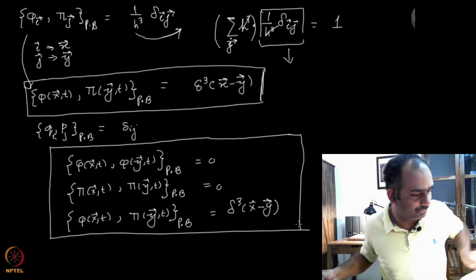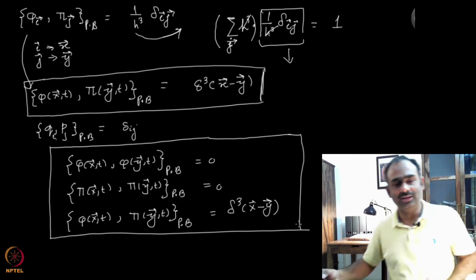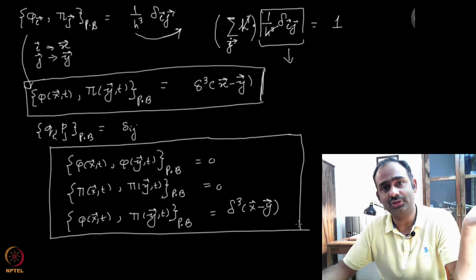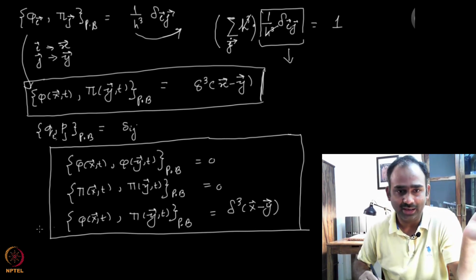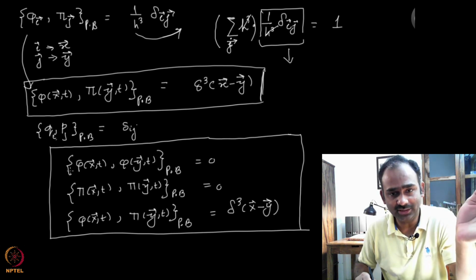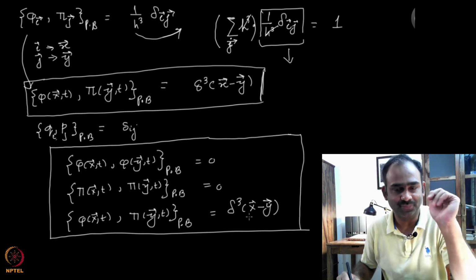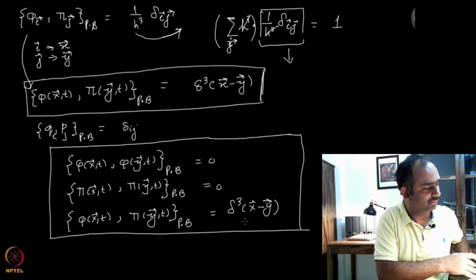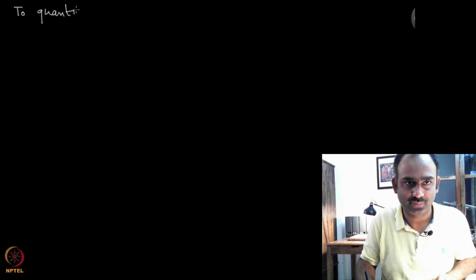Okay, that's good. Now if I wish to quantize, all I have to do is promote the φ's to operators, the π's to operators, and replace the Poisson brackets by commutators, and the commutator for this one would just become i ħ δ³, because you have to insert i ħ. Okay, so that is what you would do. So to quantize, that's the prescription, right?